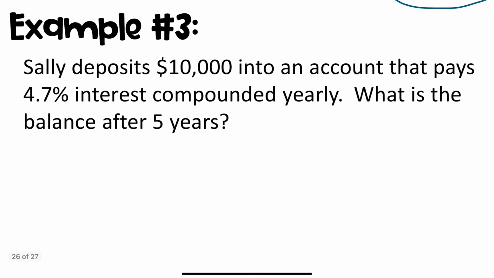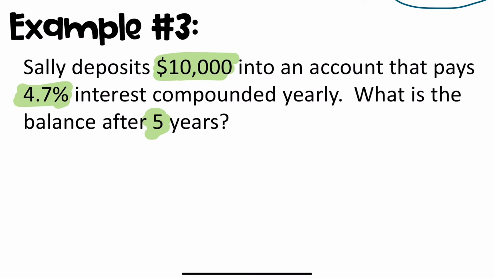All right, Sally deposits $10,000 into an account that pays 4.7% interest compounded yearly. What is the balance after 5 years? Okay, so I'm going to use my highlighter. I'm going to go in and just highlight all the numbers. Now we need to find our initial value, our rate, and our time.